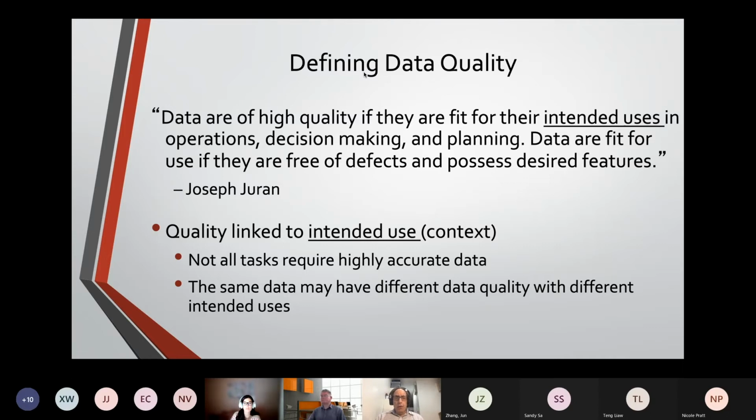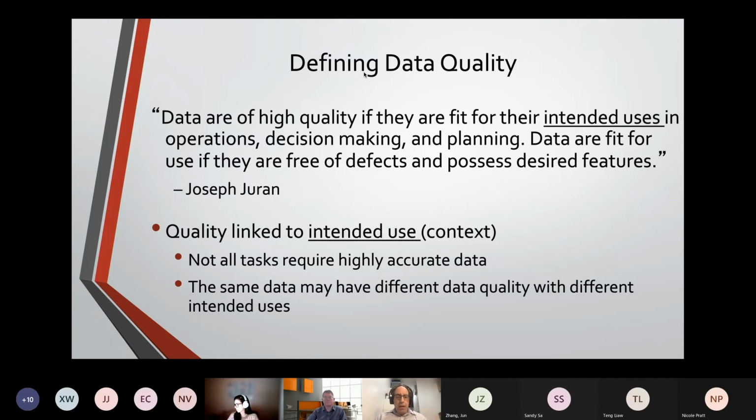The other corollary to this idea of intended use is that the very same data set may have very different data quality features depending on how you want to use it. A data set that might be outstanding in one context may be deficient in another context, and vice versa. So context is something that this community struggles with, and that we really need to better understand.